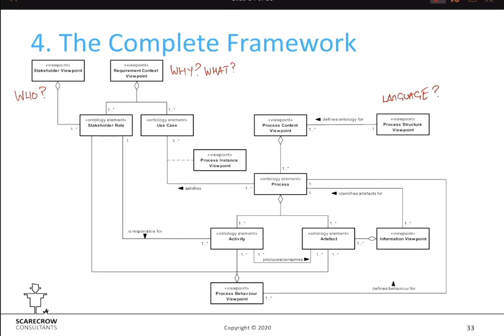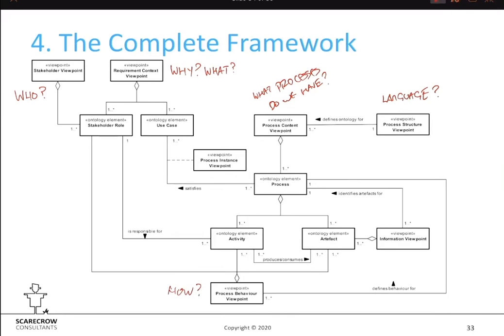We have the process content view. So this is what processes do we have? That's the process content view. And then you've got the process behavior view, and that's the how. That's how are they carried out. You've got the information view, so that's again about the artifacts.